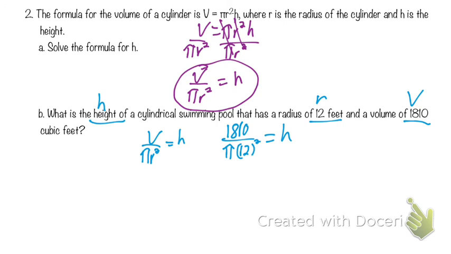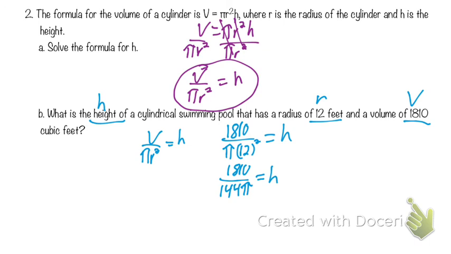What is 12 squared? Anyone know? 144. I think you did 2 times 12. 144 pi, or pi times 144. We just typically write the normal number before pi. And then you would simplify 1,810 divided by 144.